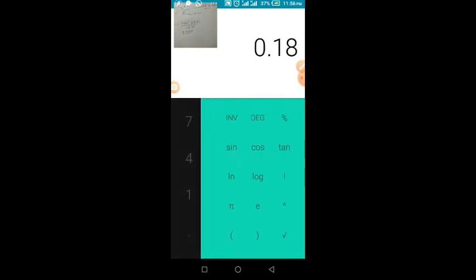Then over 0.18 square, which is 0.0324. That will be 9.7688 divided by 0.0324. That will be what?